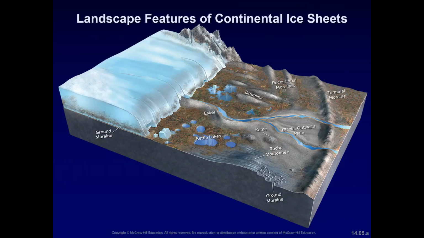So let's go back to ice sheets. Landscape features of continental ice sheets. Got this big ice sheet here and a ground moraine associated with the glacier. We have something I haven't mentioned yet, an esker. That's a winding ridge of sediment. It's the former position of a subglacial channel within ice.